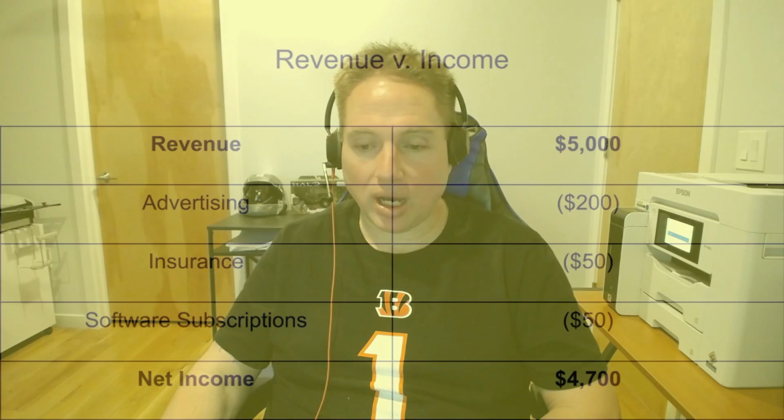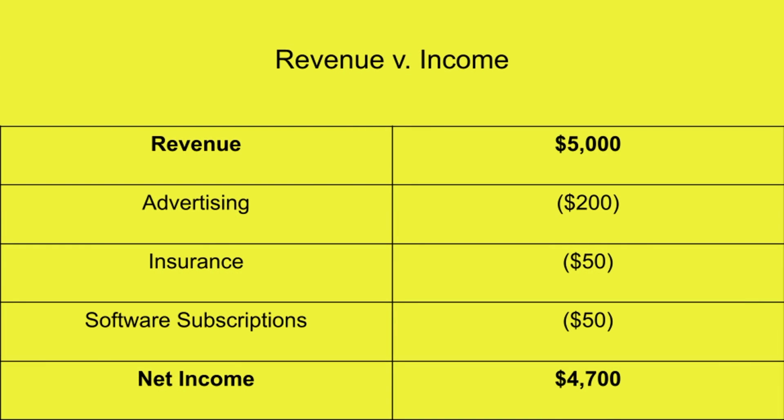I'm going to put up a slide, and as you can see, my slides are not exactly a work of art. In addition to not holding myself out as a tax professional, I don't hold myself out as an artist. But under our example here, let's say you bring in $5,000 in revenue. In other words, someone pays you $5,000 to do work for the month.